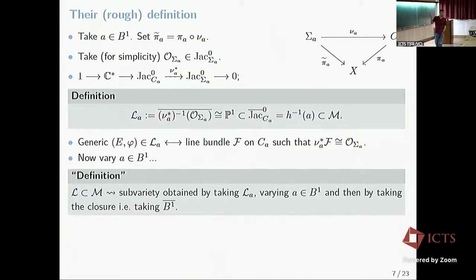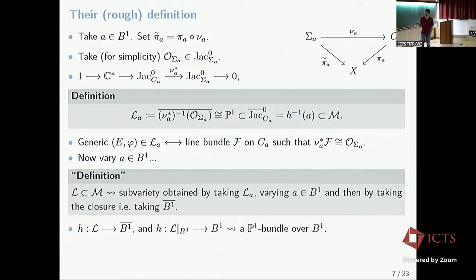But out of that, it will be clear that it's a P1. So now we know that this subvariety maps into this closure of B1, and if you restrict to B1, it's a P1 bundle, okay? Because of these P1s.